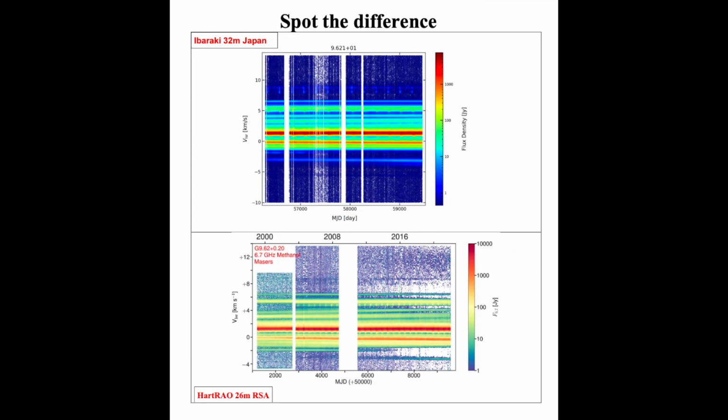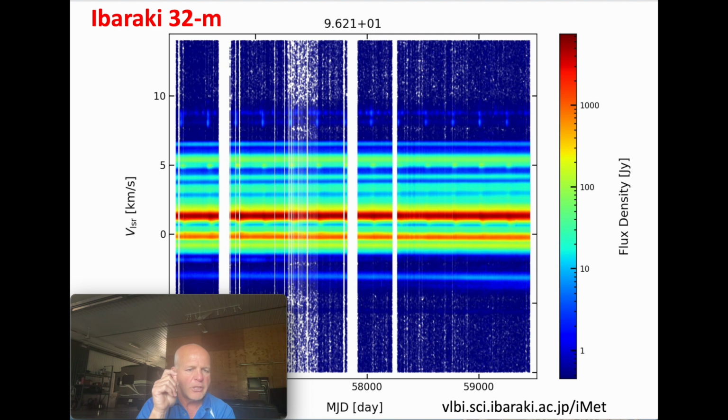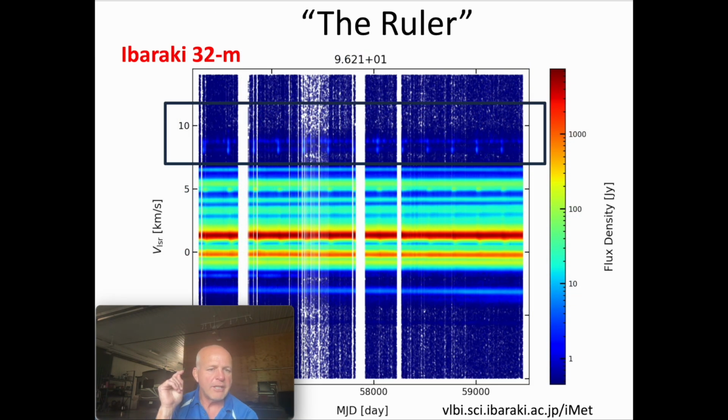But I'm going to show you what I actually found almost immediately. And here it is. Without further ado, the area in black is what I noticed, and I call it the ruler.